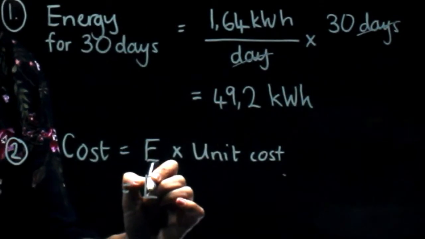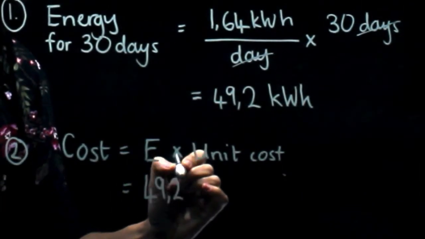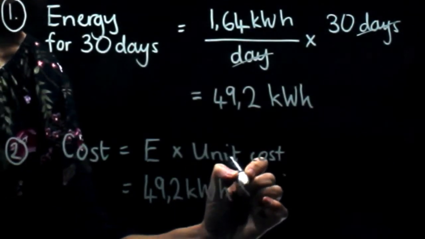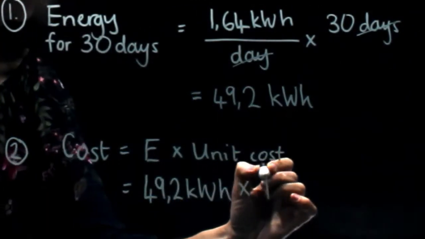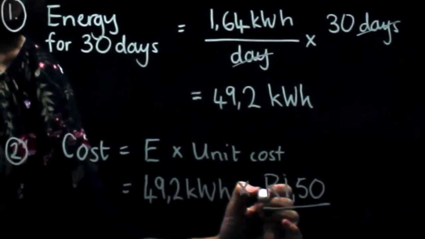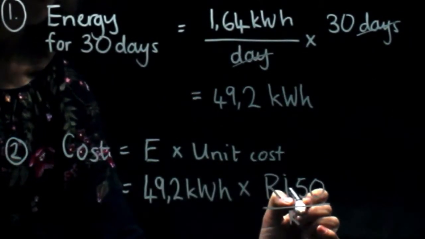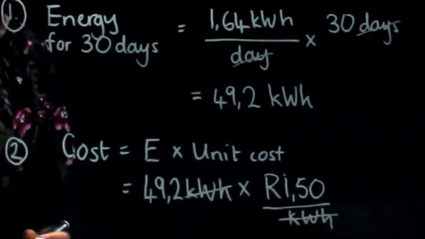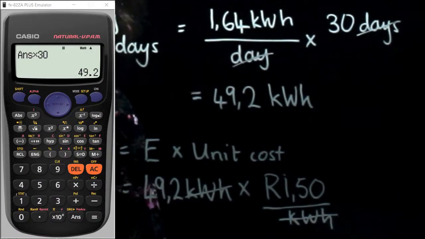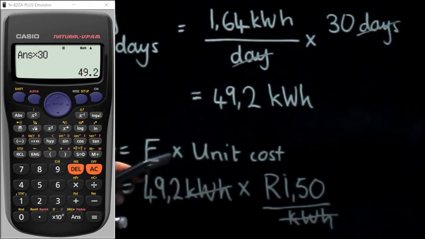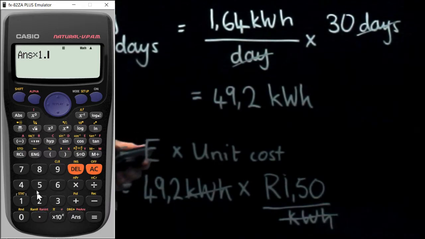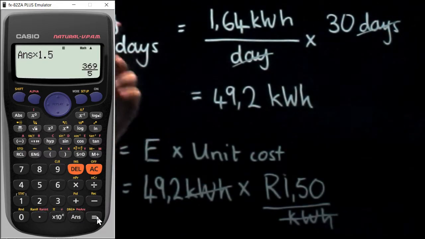Energy consumption, 49,2 kilowatt hours. Unit cost, R1.50 per kilowatt hour. Notice how kilowatt hours cancel. On our calculator, we still have 49,2. We simply multiply that by 1.5 to get our answer, 73,8.